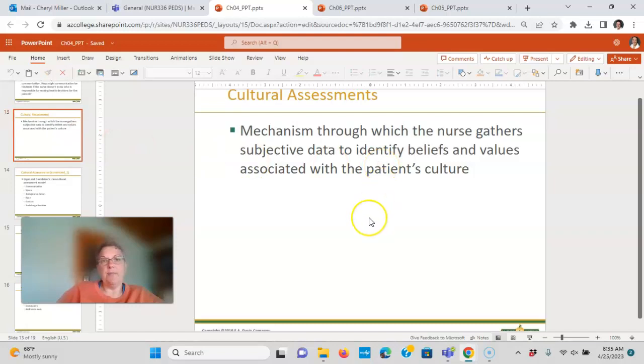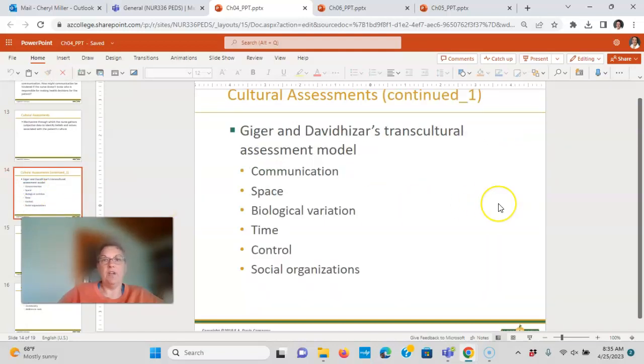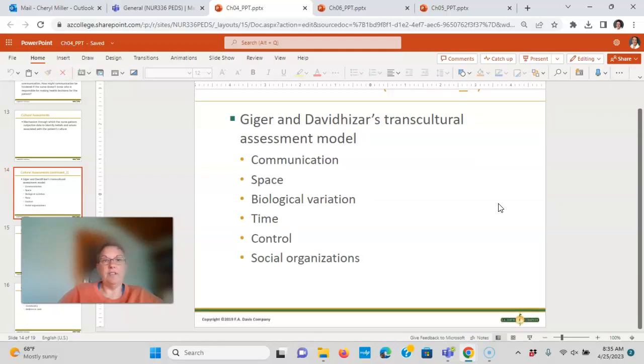Cultural assessment is a mechanism through which we can gather subjective data to identify beliefs and values about the patient's culture. So the Giger and Davidhizar transcultural assessment model uses communication, space, biological variation, environmental control, time, and social organization.